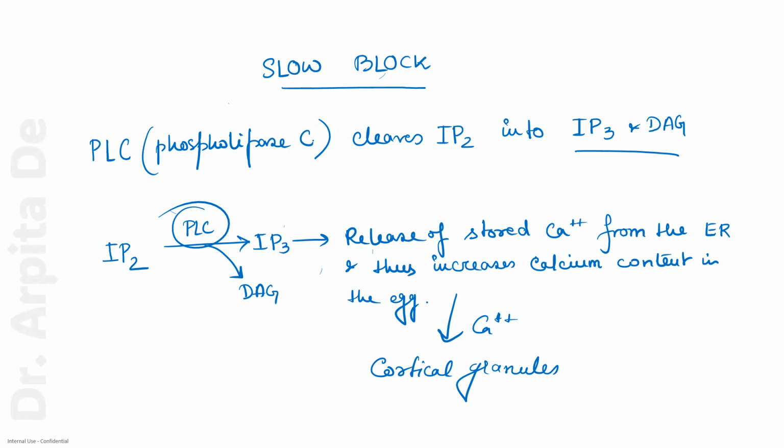Now, initially we had talked about the receptor of the sperm. You remember we said that the receptor is RGC, receptor guanyl cyclase, where GTP gets converted to cyclic GMP, which activates calcium channel and all those things. Now see what happens there.